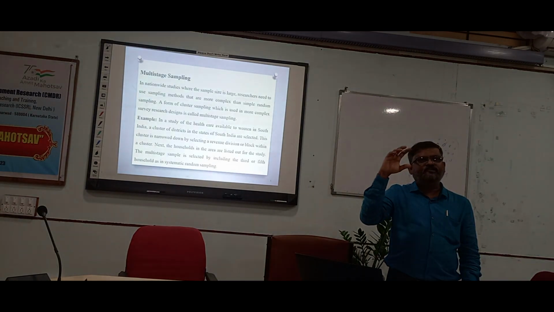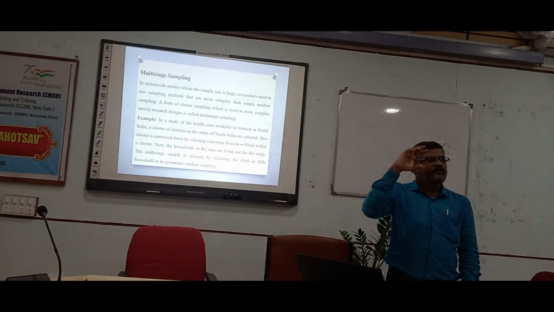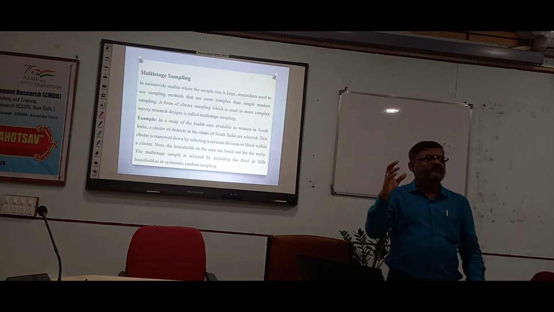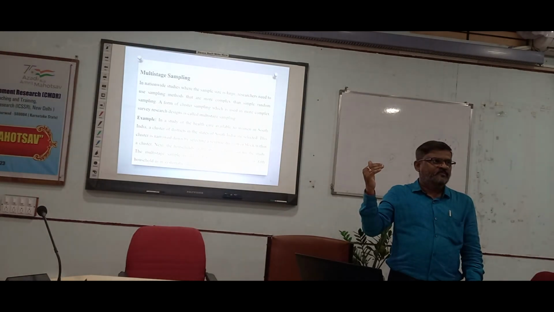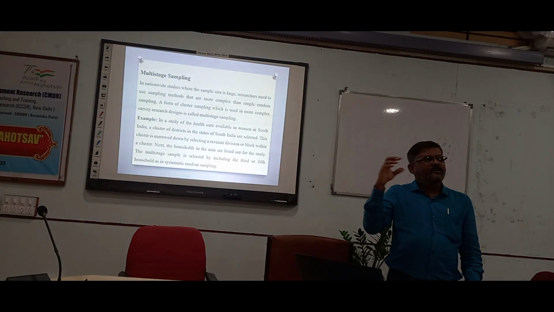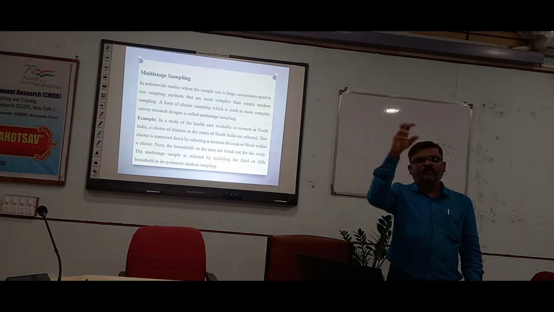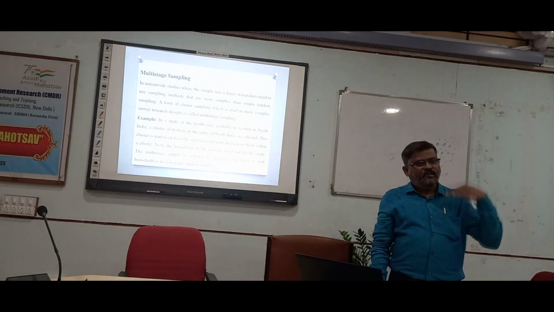The first stage is the selection of one or two states, either Karnataka or, combining two, Karnataka and Kerala. In the next stage, within Karnataka, some districts are selected. Maybe North Karnataka region or South Karnataka; two or three districts from North Karnataka and two or three from South Karnataka, and the same fashion in Kerala as well.